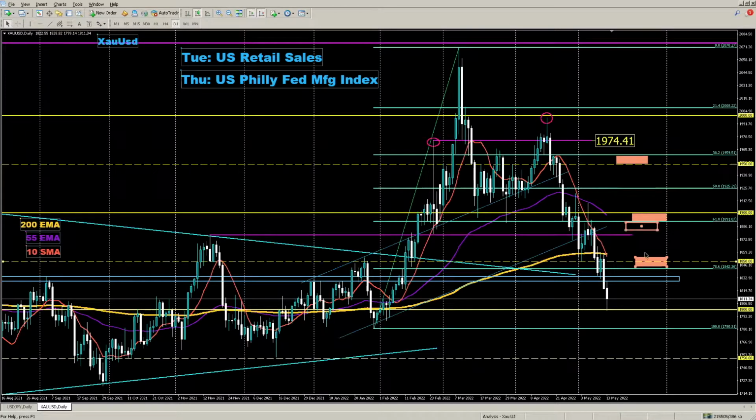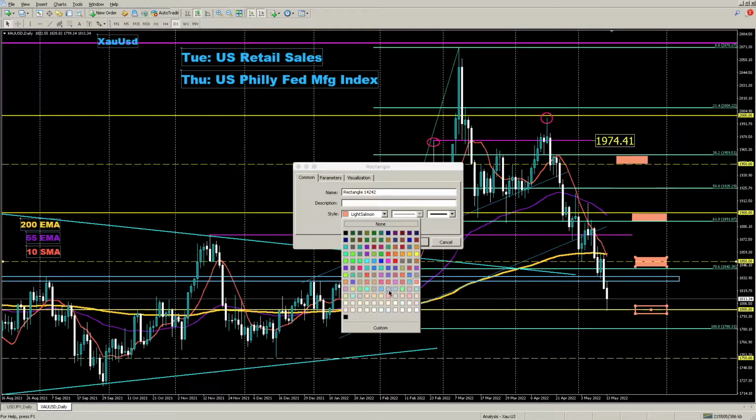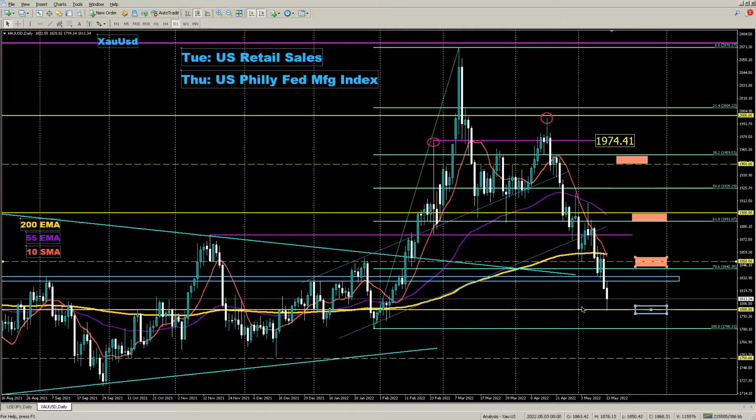So let's move this down here now. 1800 is a key support. Let's see how long it can hold out. That's a swing low here, yeah, 1780.